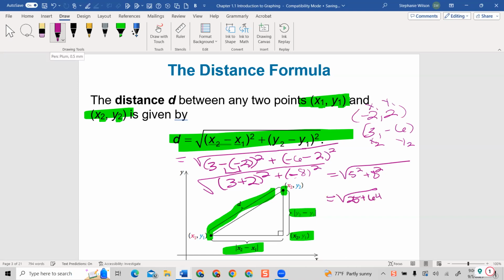When I say squared, that means we're going to say 5 times 5, and 8 squared is 8 times 8. That's what the power means. So I have 25 plus 64. So now I have the square root of 89.